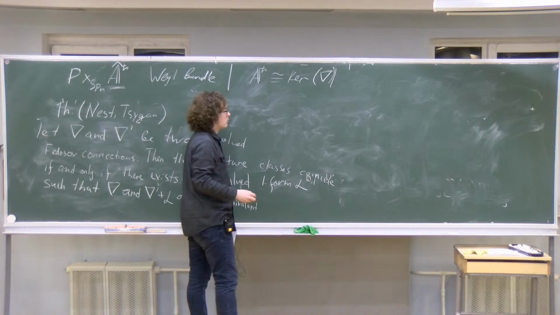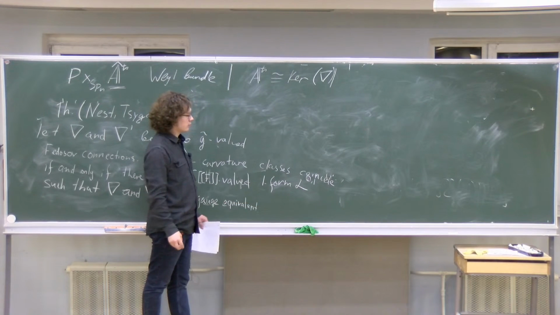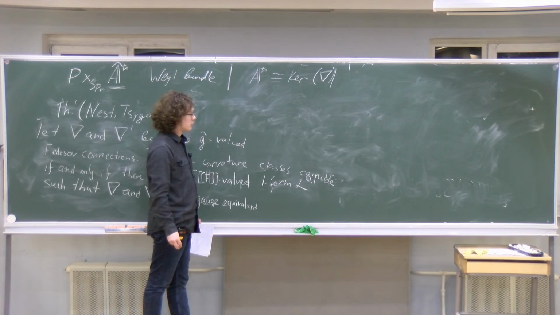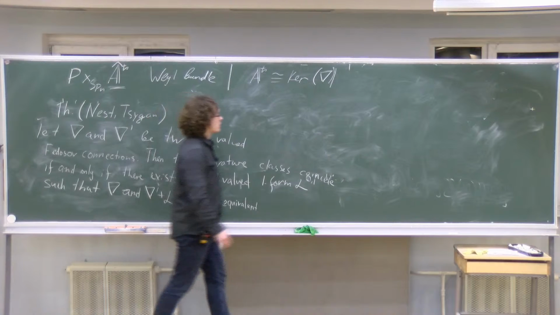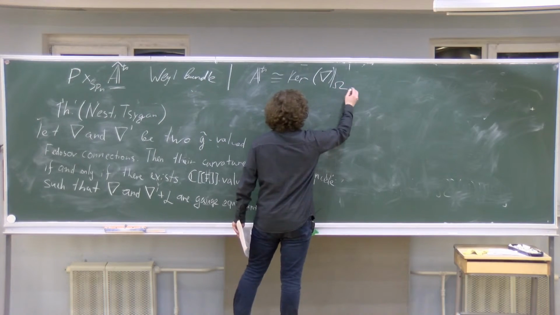So the kernel of the Fedosov connection is the flat sections. And flat sections, in the real case, can be identified with functions on the base.